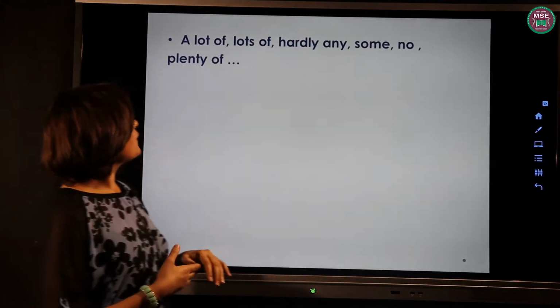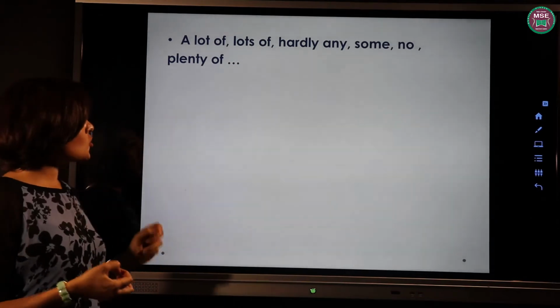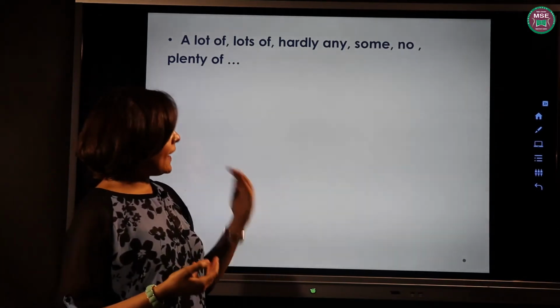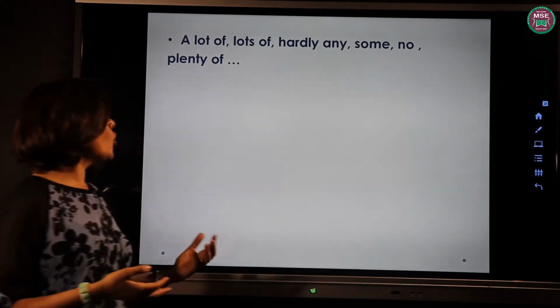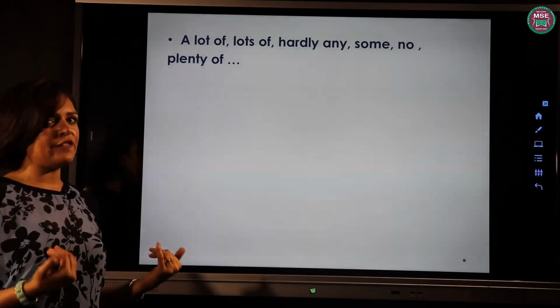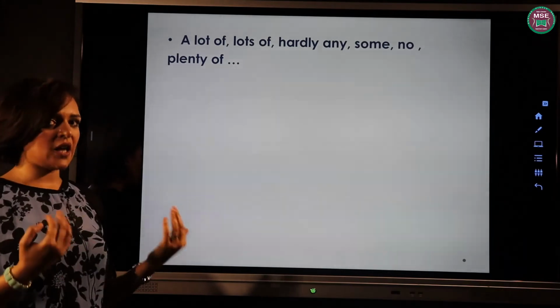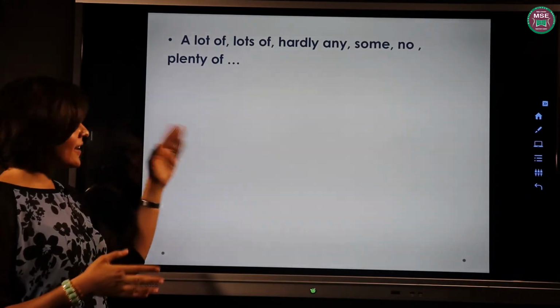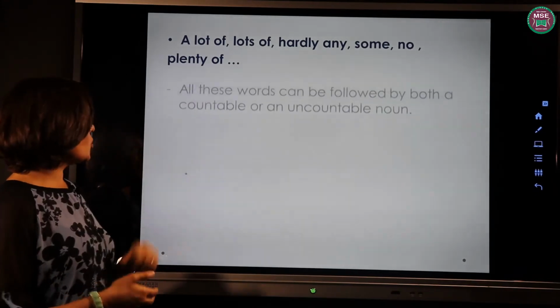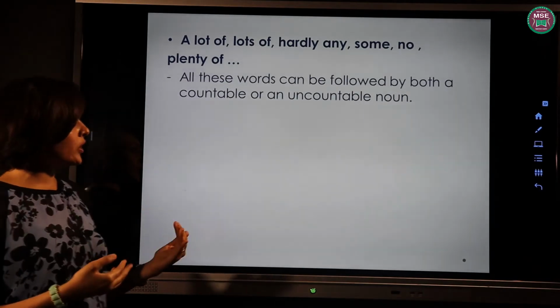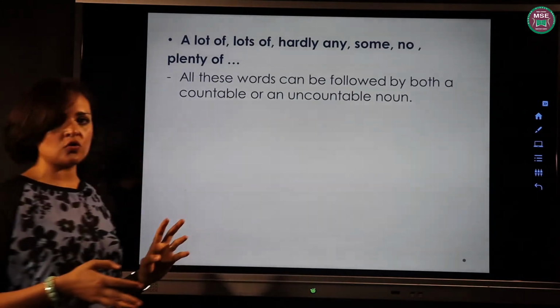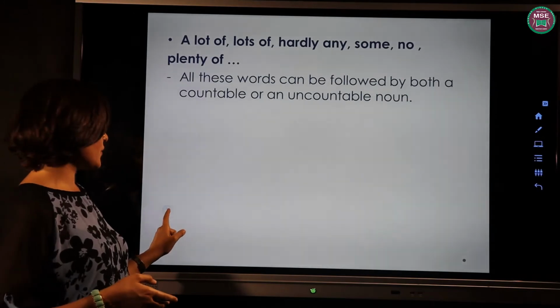All right, we have a lot of, lots of, hardly any, some, no, plenty of. We knew previously that some and any can be used with both countable and uncountable nouns. For sure, the rest of the words are the same. So all these words can be used with both countable and uncountable nouns.